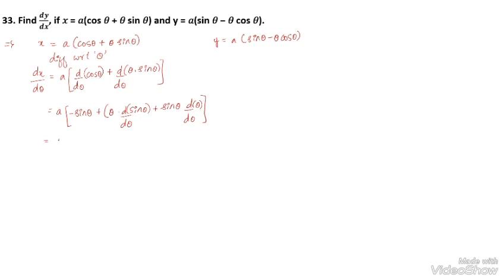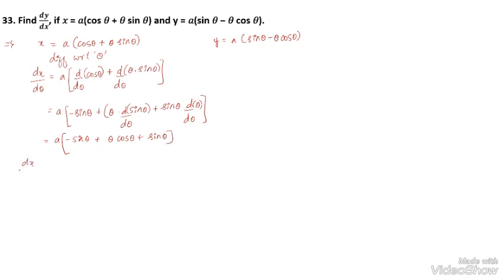Now a into minus sin theta plus theta. Differentiation of sin theta is cos theta, plus sin theta. Differentiation of theta with respect to theta is again 1.